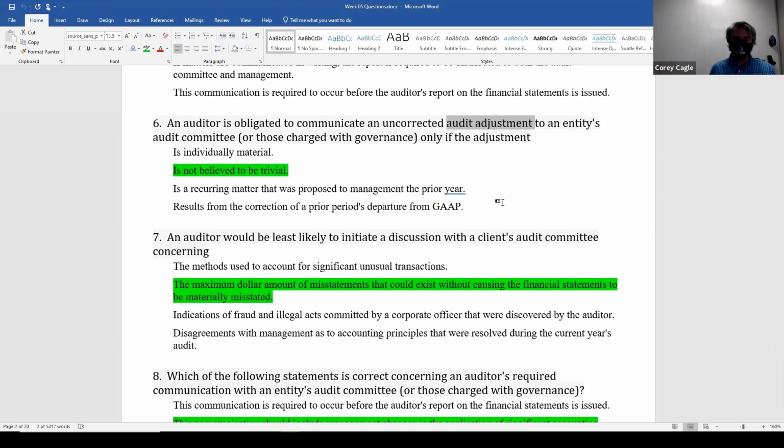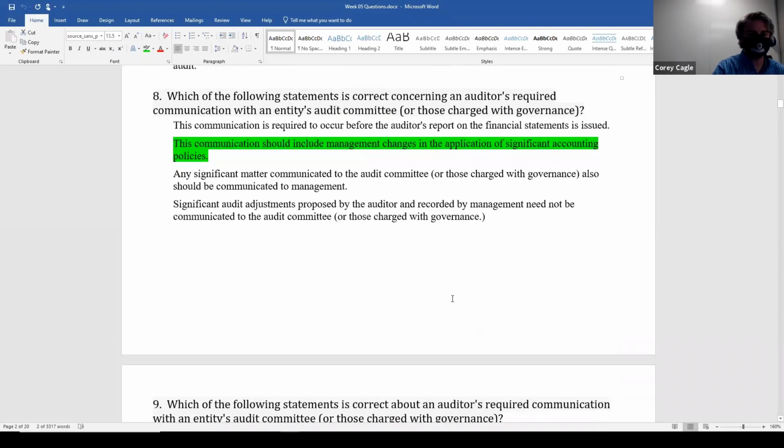So we need to communicate that only. The only reason we wouldn't is if it's just a trivial thing that they didn't do, like, yeah, whatever, right? Any audit adjustment that's uncorrected, they need to do it. And if they don't, we need to communicate that to the audit committee. Hey, it's easy, but it does throw that word significant into everything.